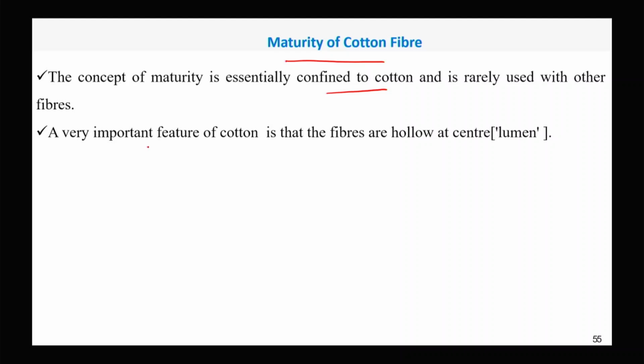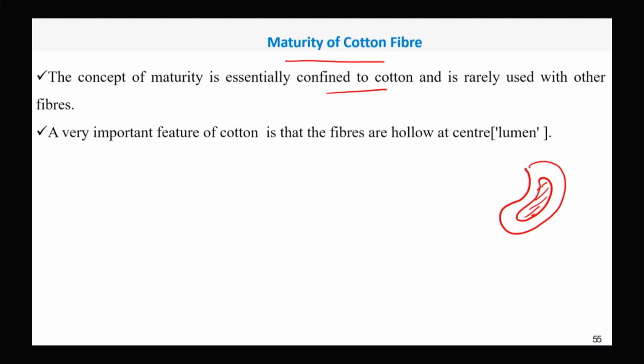It's a very important feature for cotton fibers. The main feature in a cotton fiber is the central part. If we see a cotton fiber, the central part, the lumen, is the most important feature of cotton fiber, which doesn't exist in other fibers.